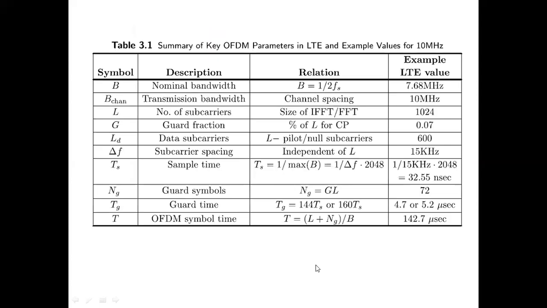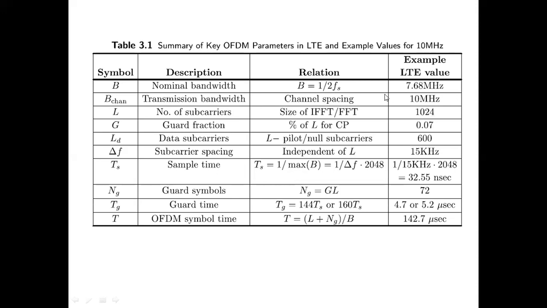Now, if I take, say, 1024, you can see the massive size of the IFFT/FFT used here. This is a typical standard in LTE, which is using a transmission bandwidth of 10 megahertz. There are several variations, but this is one of them.